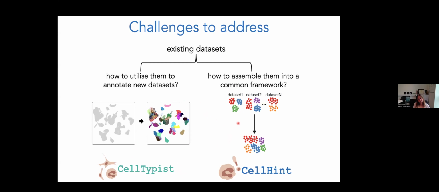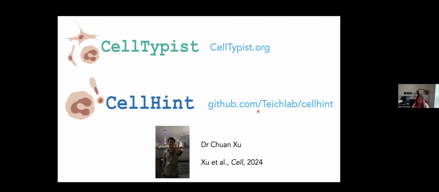The way Chuan Xu and the group did this was to cross-match and relate different data sets to each other with logistic regression, and then harmonize the annotation so that we can then model each cell type with a given word or label attached to it, if that makes sense. And so these two tools are available online on celltypist.org and on GitHub.